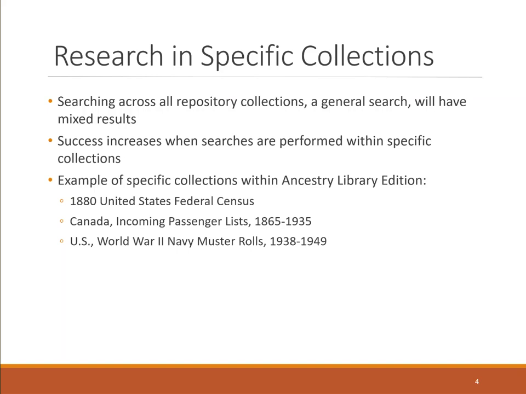Examples of specific collections in Ancestry Library Edition are the 1880 United States Census, or Canada incoming passenger lists, or U.S. World War II Navy muster roll. Get very specific.